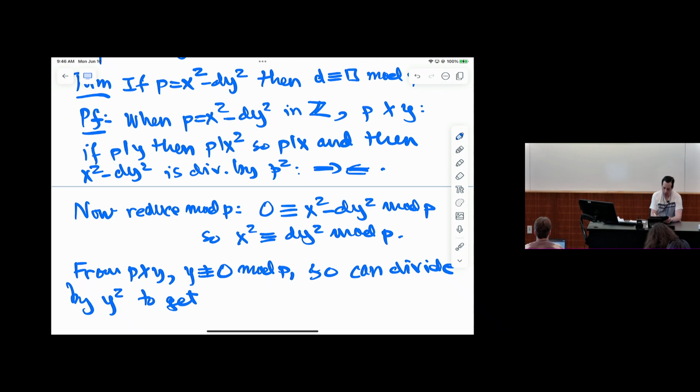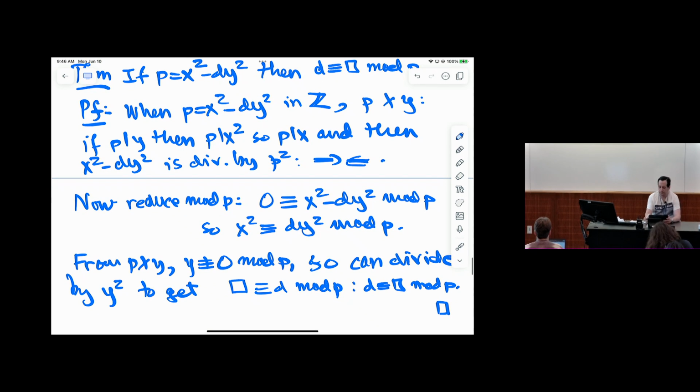Now when you divide by y squared, the left side, x times y inverse all squared, is congruent to d. So in other words, d is a square. And we'll end the proof with another square. So there we go. If p has a chance to be of this form, then d must be a square mod p.